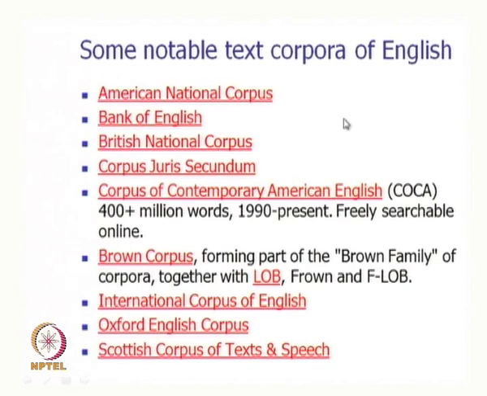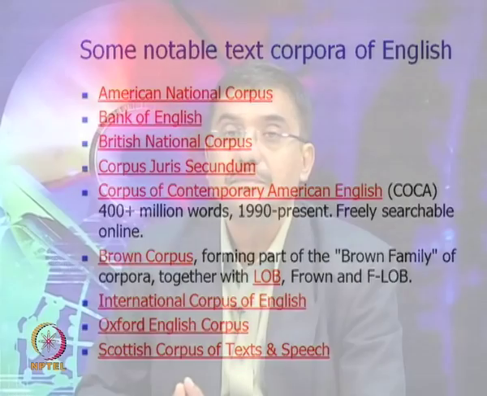All languages are creating their corpora and also annotating them with part of speech and so on. In India, there is a massive drive by the Ministry of Communication and Information Technology to create Indian language corpora in all official languages of India.